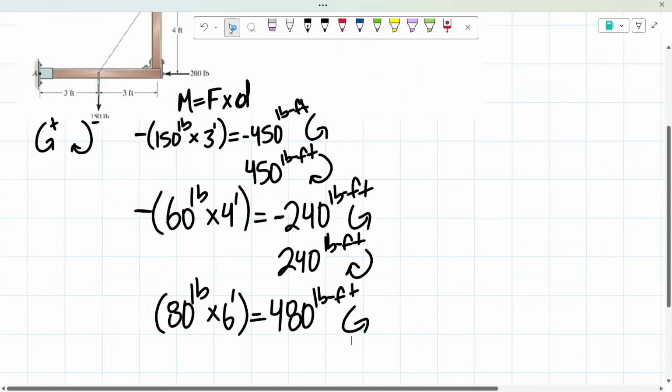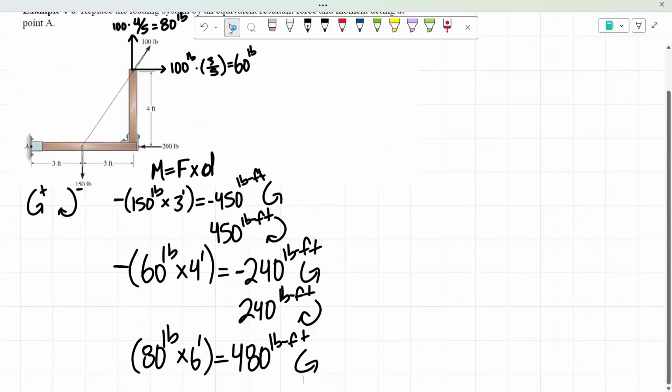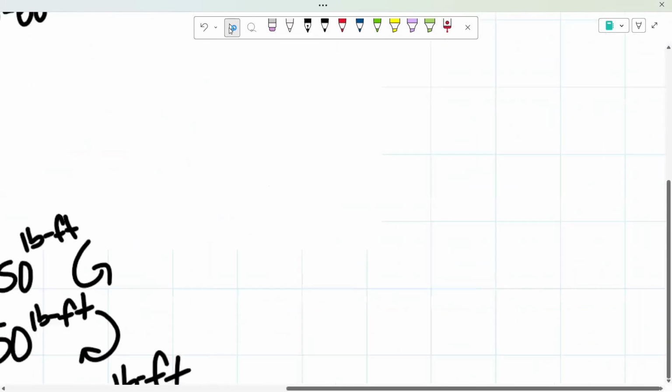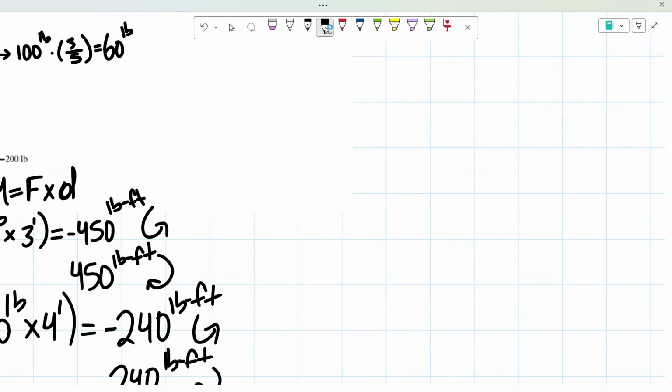So now that we have all the moments, we're just going to sum them up to find the resultant moment about point A. So we're just going to write that here. Our resultant moment about point A. Remember, sign convention, counterclockwise positive.